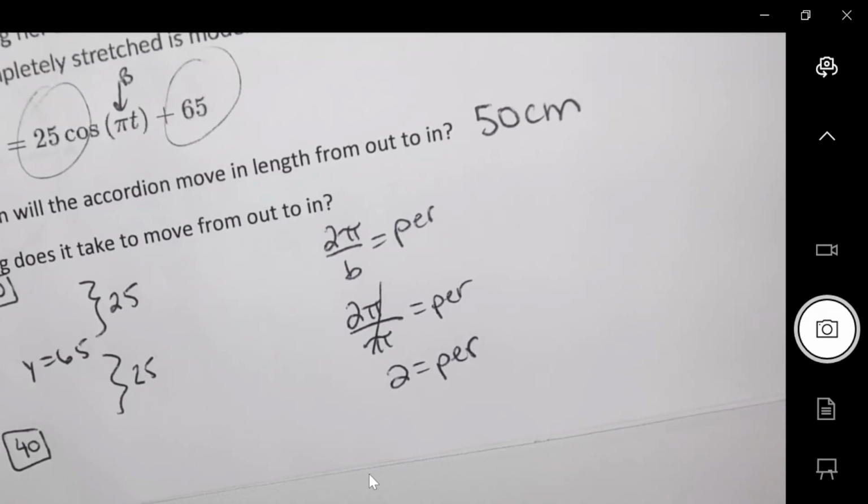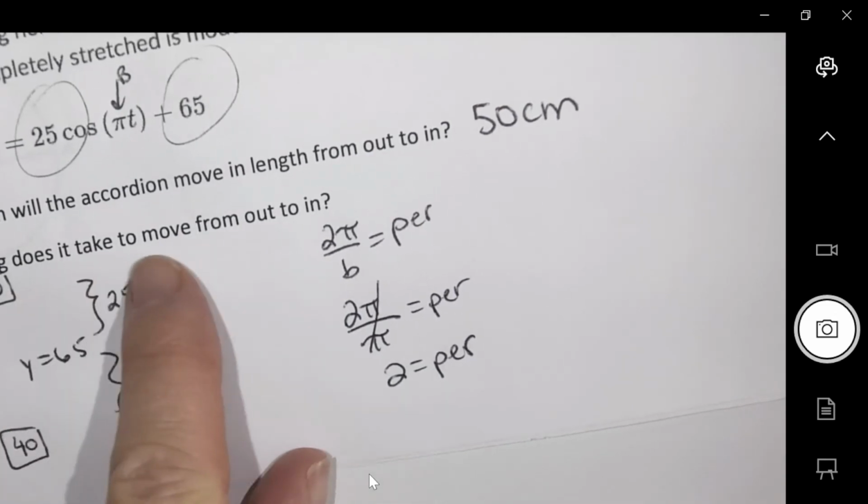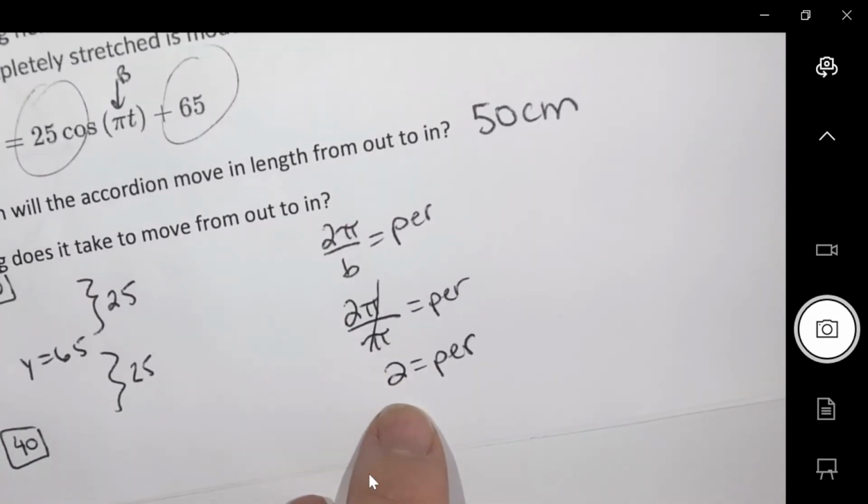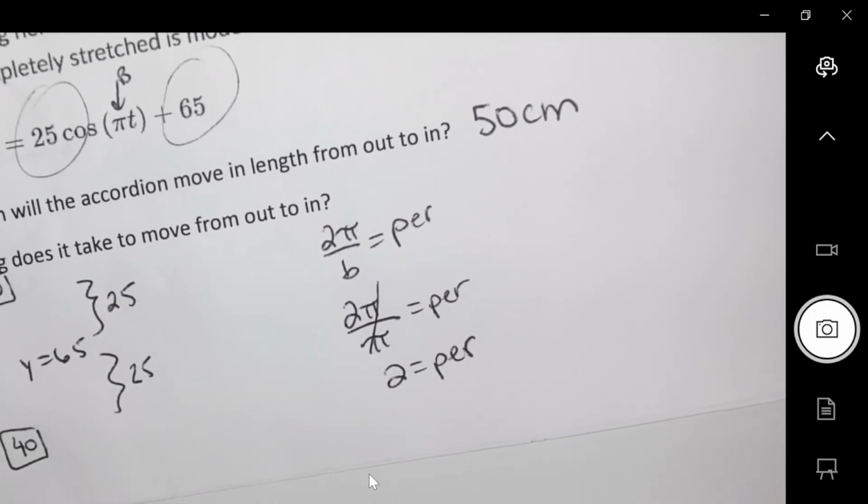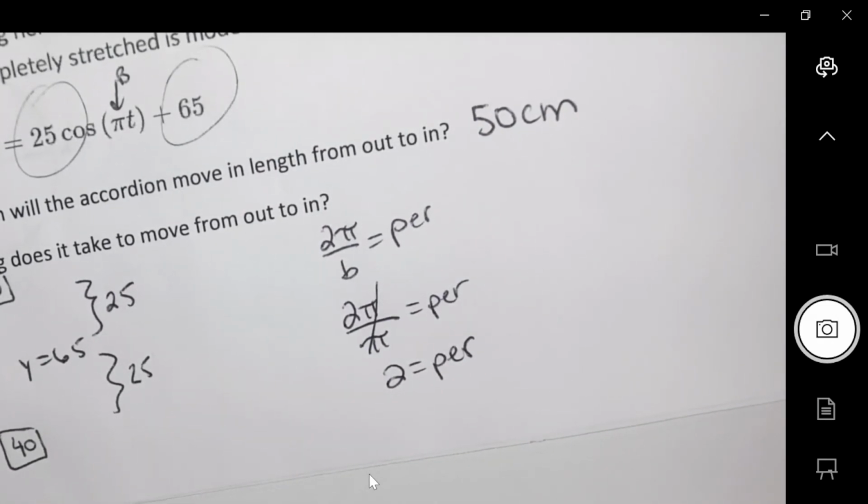Okay. The answer to B is not 2 seconds. Why is it not 2 seconds to that question? Think about why moving out to in is not just 2 seconds. What do I have to change? It's half.